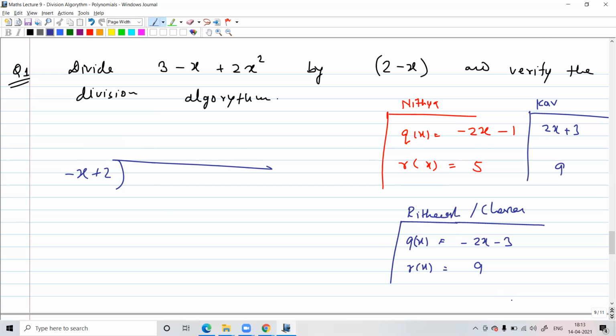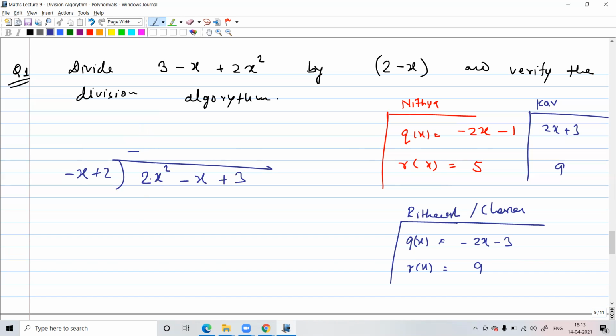Let's do this. Okay, so 2 minus x, I have to write it as minus x plus 2. The dividend will be 2x squared minus x plus 3. So I'll solve this a little quickly. So minus x, and you'll have to multiply with a minus, only then it will become positive 2x. Minus into minus will only give you plus.